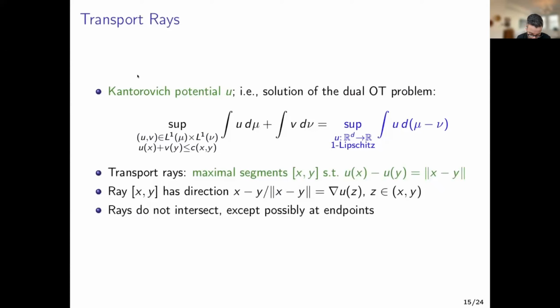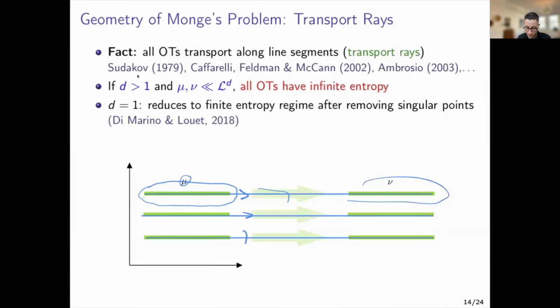These are the transport rays by definition. A ray can be given a direction, which is also the direction of the gradient of u along the ray. It's a fact that any two rays do not intersect except possibly at the endpoints. In this example, you can see the three rays don't intersect, not even at the endpoints.